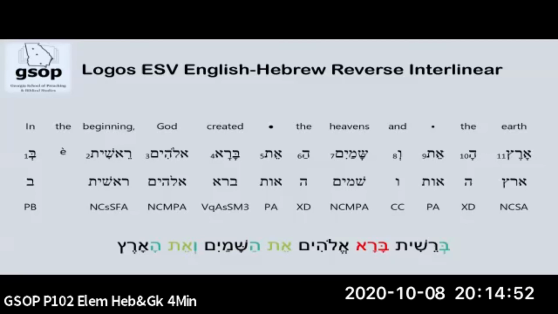Under reshit, this NCSSFA, this is a noun, common, singular, feminine, in the absolute form. Under Elohim, God, noun, common, masculine, plural, absolute form. This is why I want to do the absolute versus the construct today.